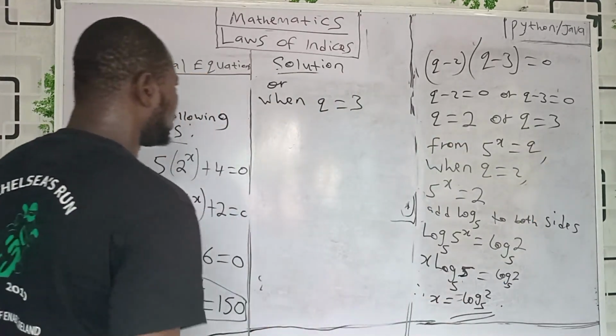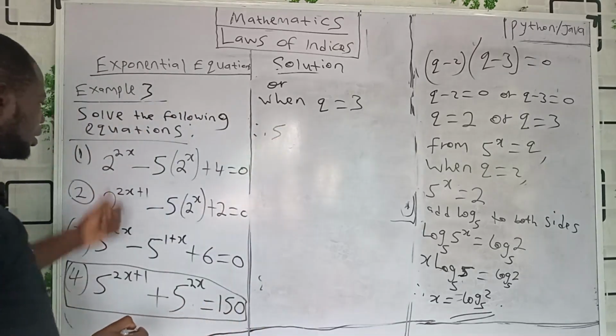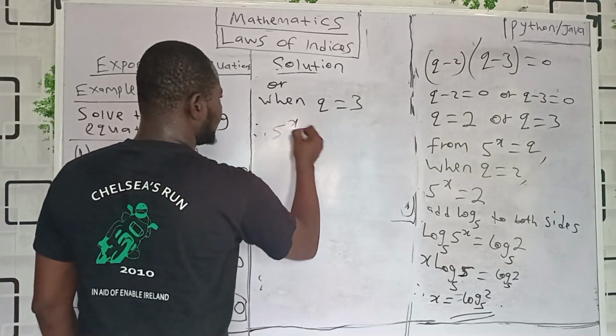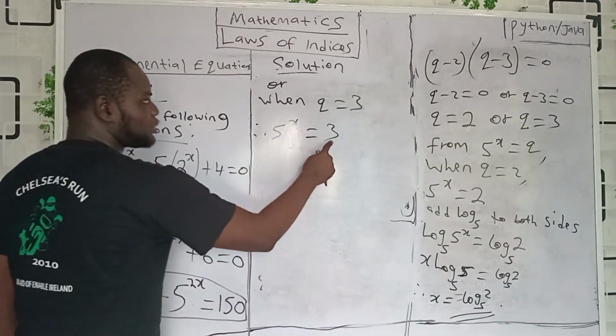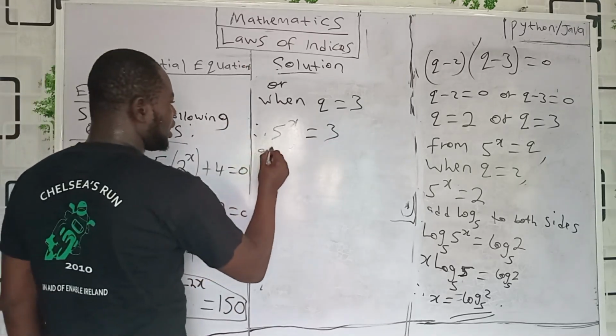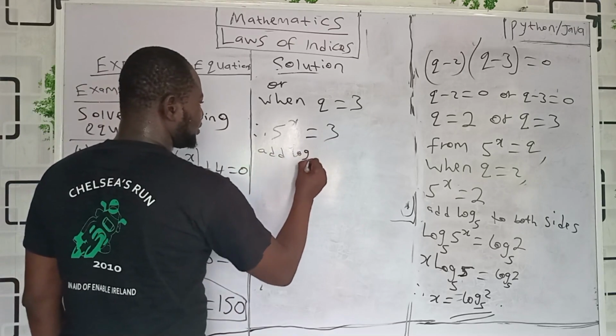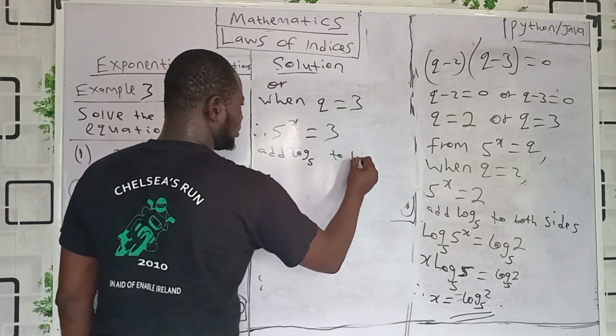So when q is 3, what do we get? 5 raised to power x equal to 3. Are you with me? The same thing. There's no way we can express 3 as 5 raised to power something. So we also add logarithm to base 5 to both sides.